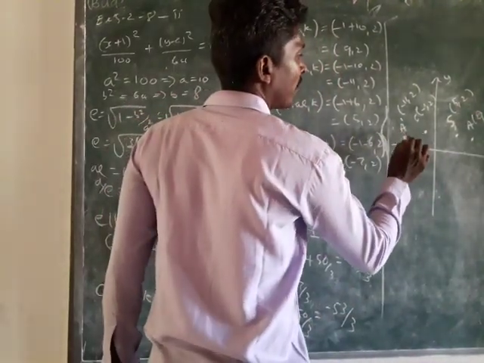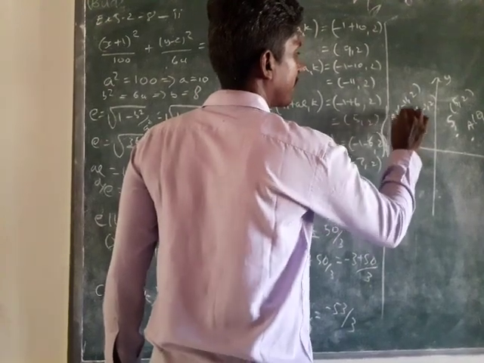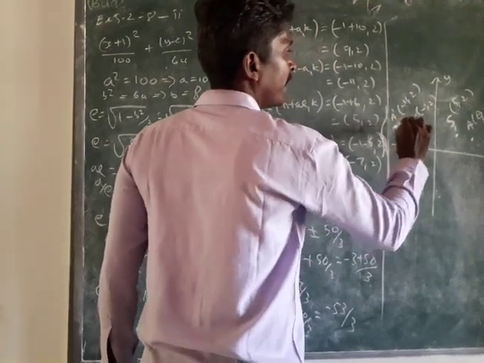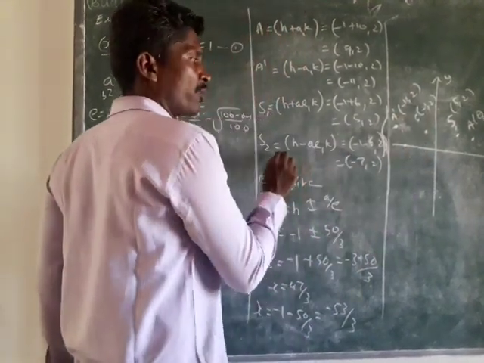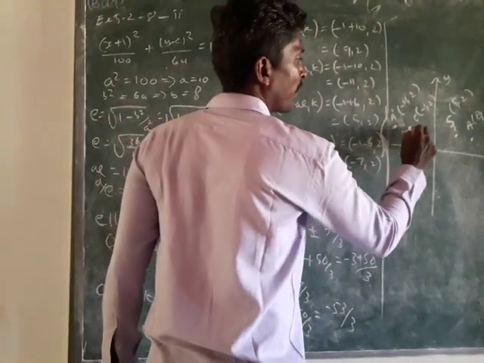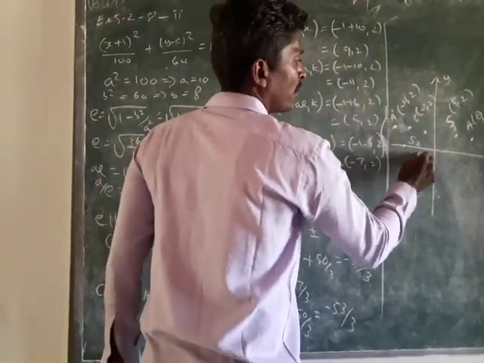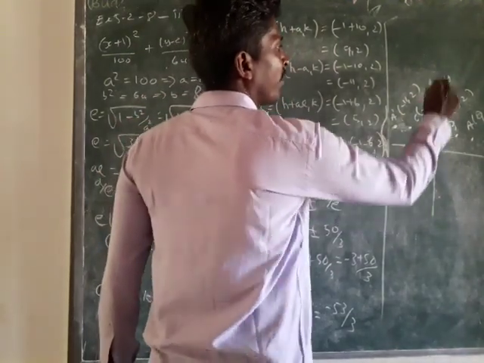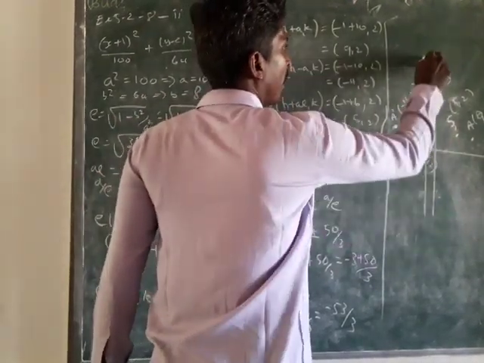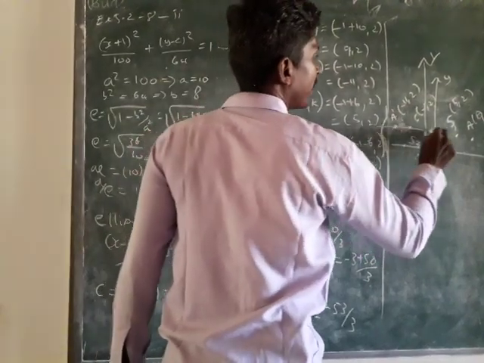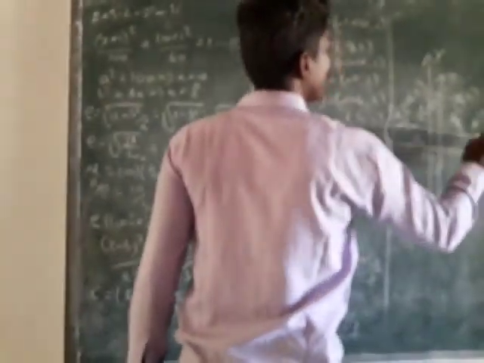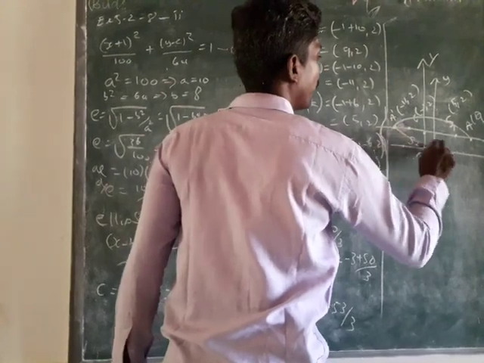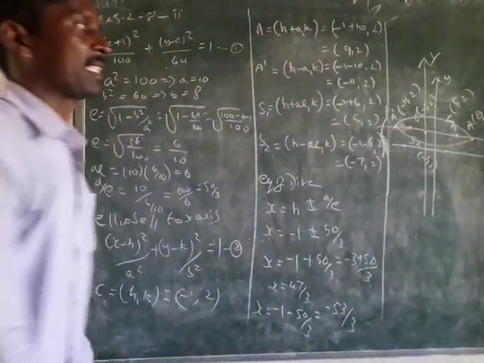S2 equals minus 7 comma 2, so approximately S2 is minus 7 comma 2. Through the center you draw the vertical and horizontal line. Then the two vertices are joined in a line, and the diagram becomes parallel to the x-axis.